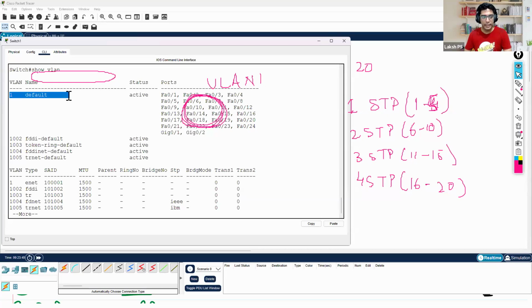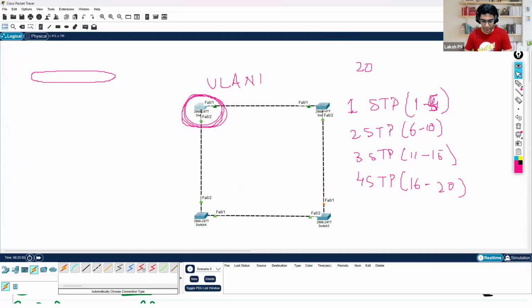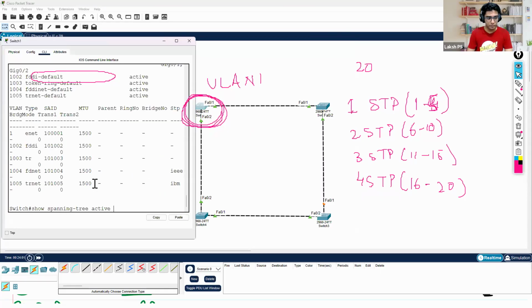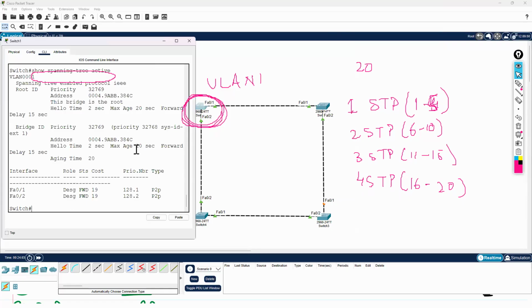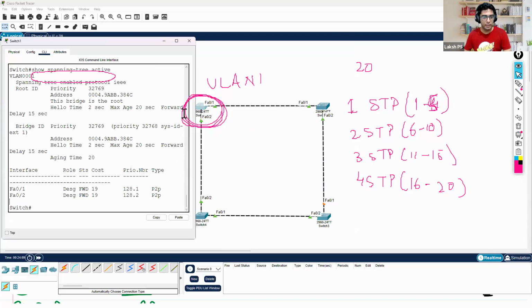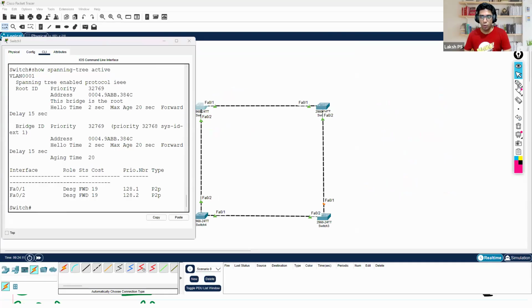We have not configured any other VLAN explicitly, right? So there is only one VLAN, and hence this spanning tree instance is also running for that VLAN alone. All the switches have only one VLAN currently, so when you enable spanning tree, it runs the instance only for VLAN number 1. That is why you will see VLAN 01.